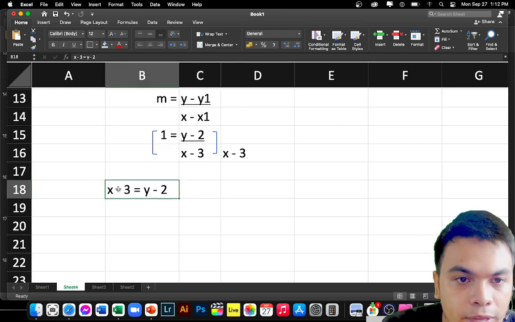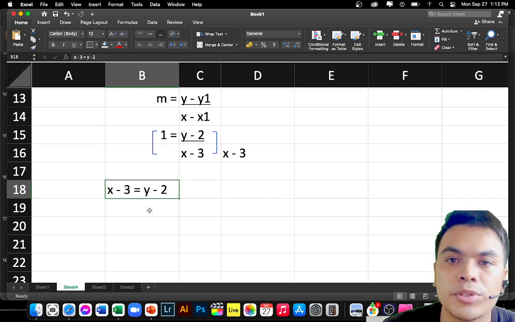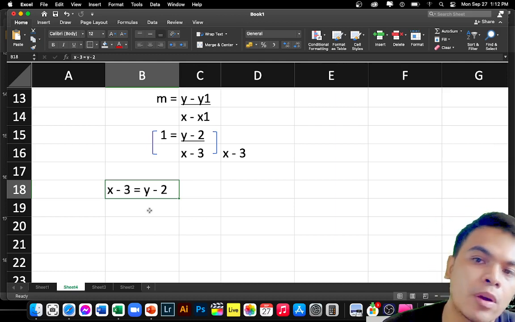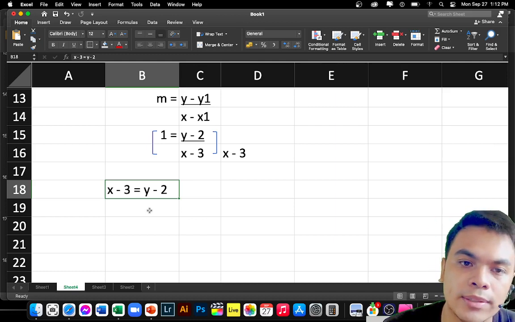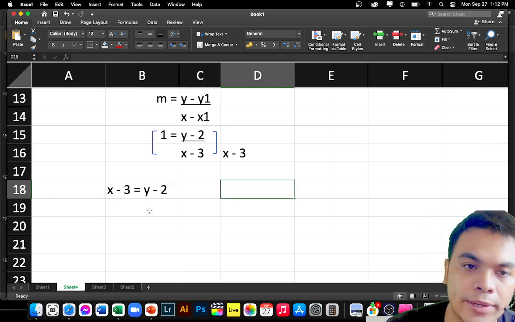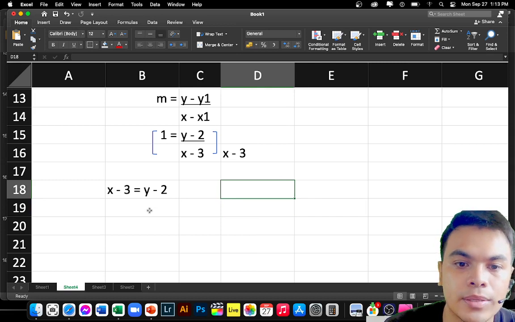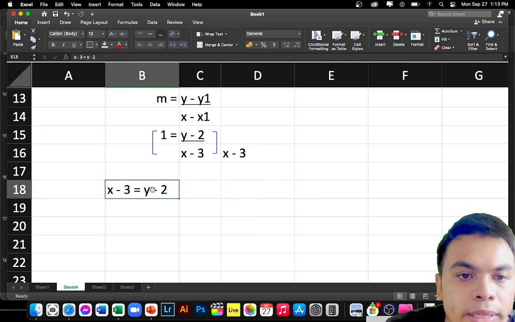So, we have now the formula here. We can use our original format for the formula, which is ax plus by is equal to c, or we could also use our y formula. Okay, y is equal to etc. Let's use the y-intercept formula. So, we transpose 2 to the other side.